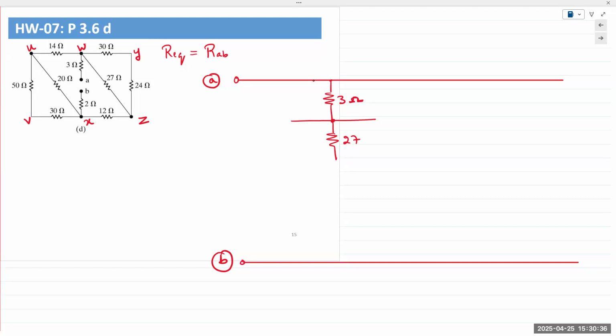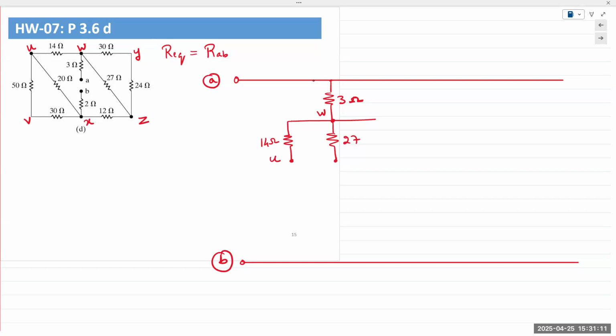So this is node W. Okay, node W. Then we have 14 ohms. 14 ohms should have node U. And on the other side, we have 27.